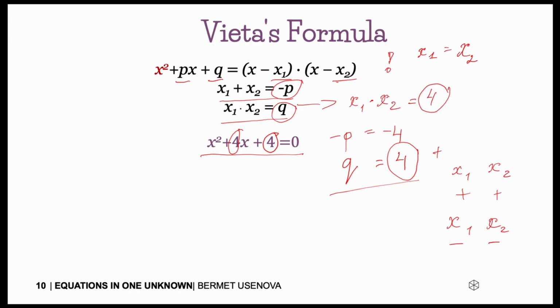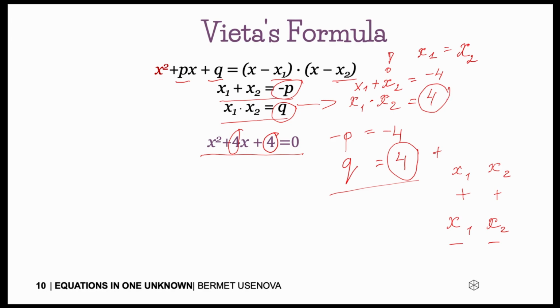And at the same time, we know that x1 plus x2 equals minus 4. So what combination of two numbers gives us a sum of minus 4 and, when multiplied, gives us 4? You can pause the video now and think about it.